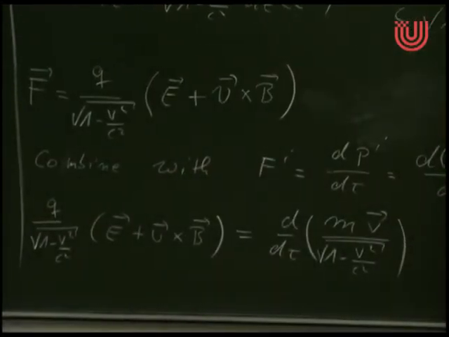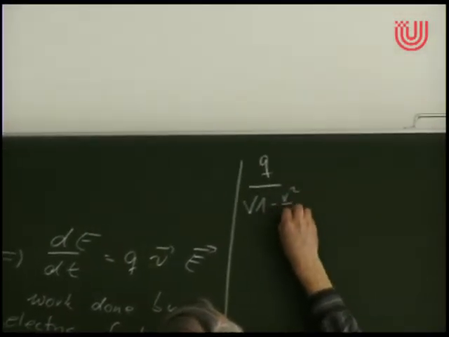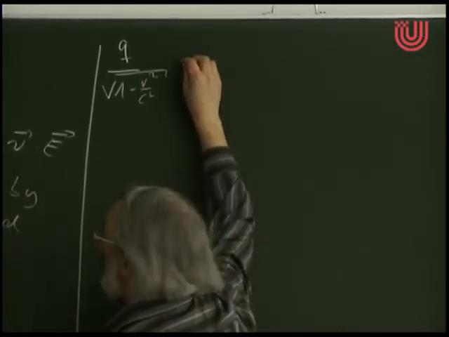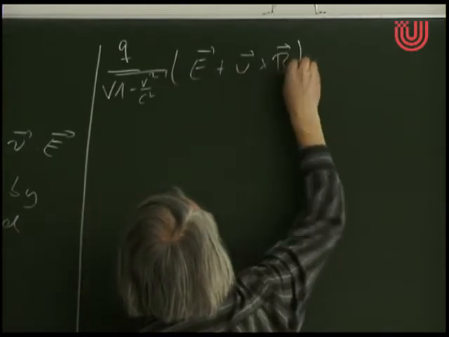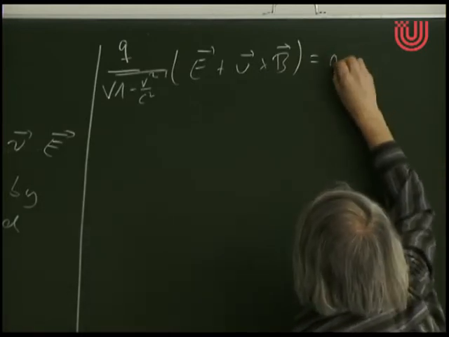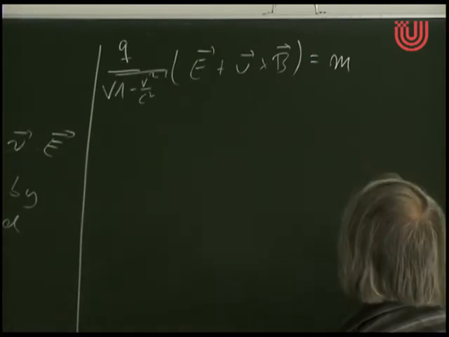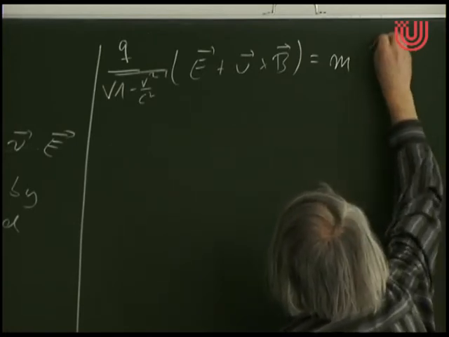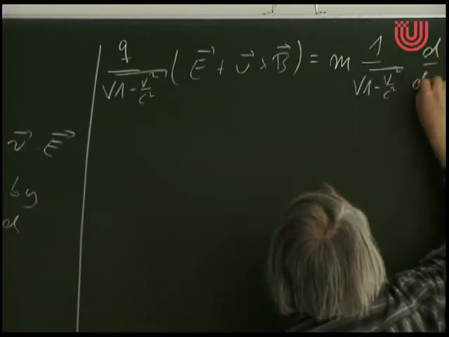So we now get what? q over the square root, E plus v cross B. Yes, so, well, first of all, I can take the m out of the bracket. We assume we have a particle with constant mass. And for d by d tau, I write 1 over the root d by dt.